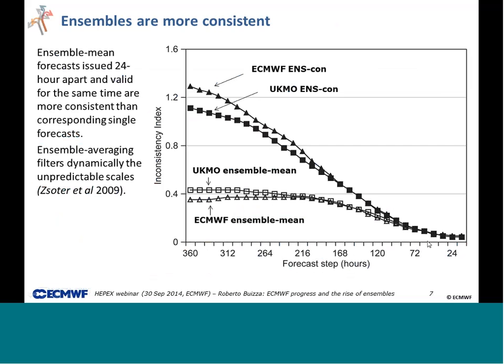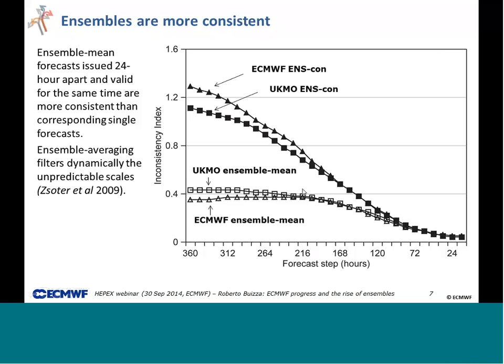As you can see, at the early forecast ranges there is not a big difference between the inconsistency of the ensemble and single control forecast, which at the initial time is centered more or less on the mean of the ensemble, exactly on the mean for the ECMWF system. But as you move into longer lead times, a forecast based on the ensemble mean is much more consistent than a forecast based on a single control.